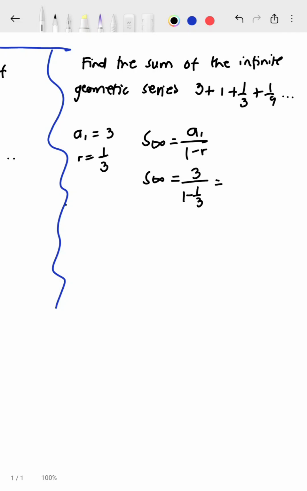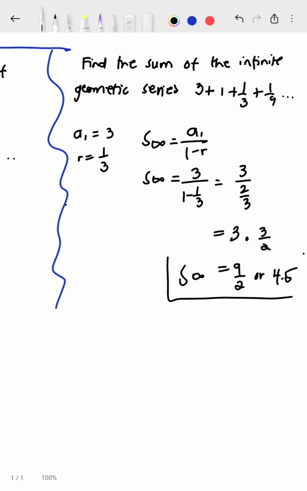So you will have there 3 over 2/3. At kapag ganyan po, sa usapan natin, division of fractions will just need to be multiplied by the reciprocal. So you will have 9 over 2 or 4.5. And that's the sum of an infinite geometric series.